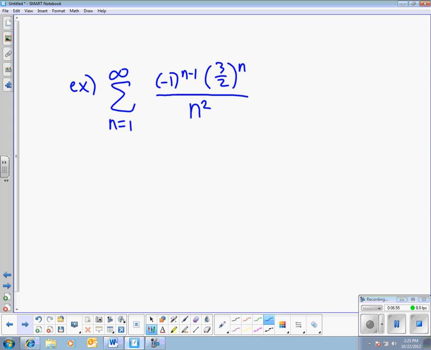And now, notice this didn't have a factorial in it. It doesn't have to have a factorial, but usually if it does, this is the one you're going to use.